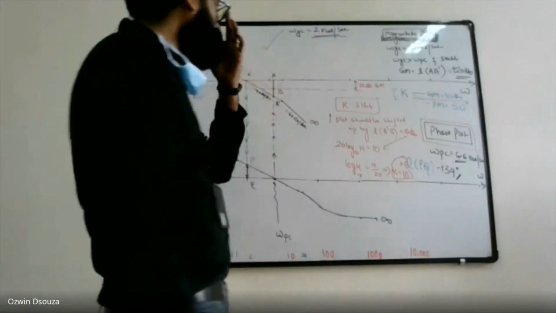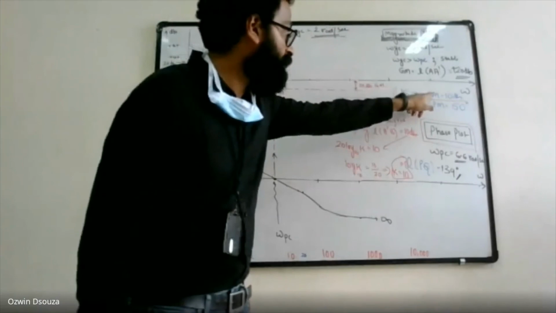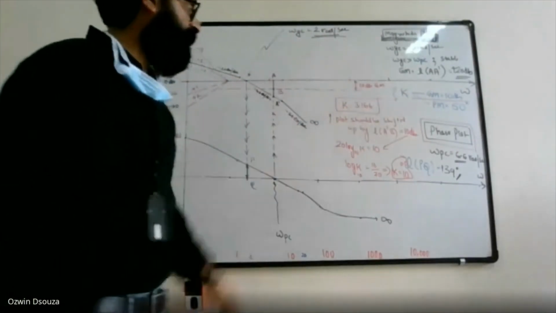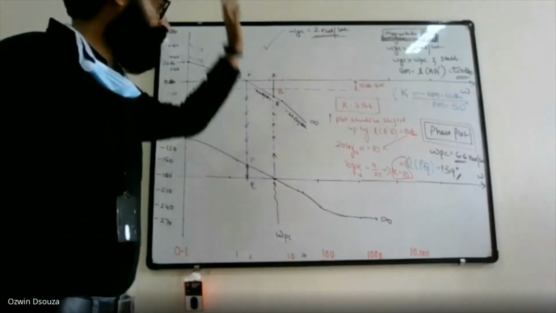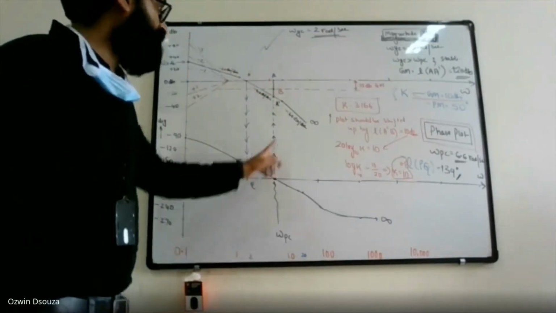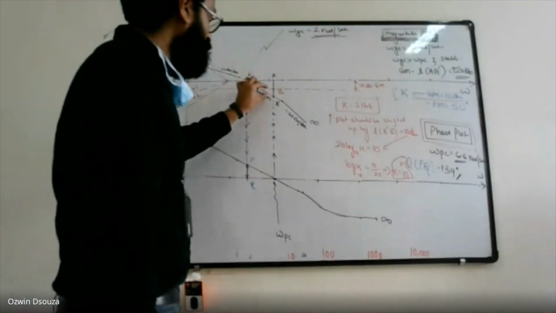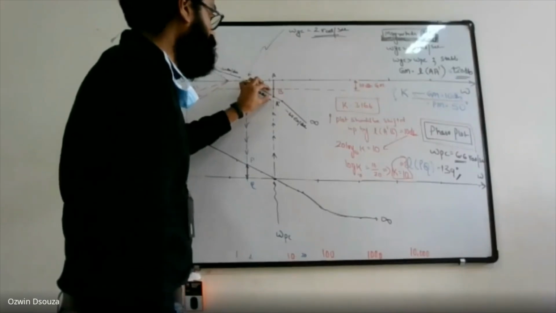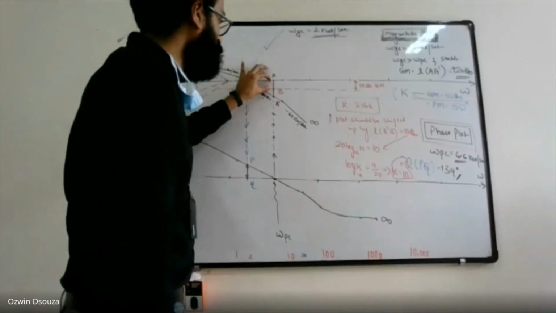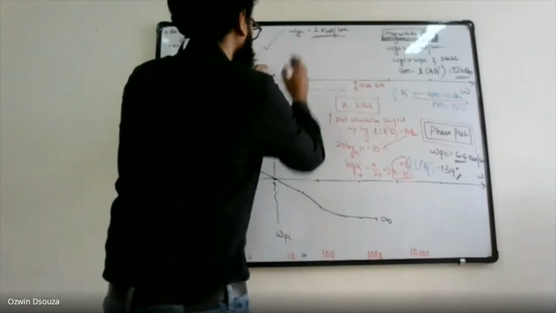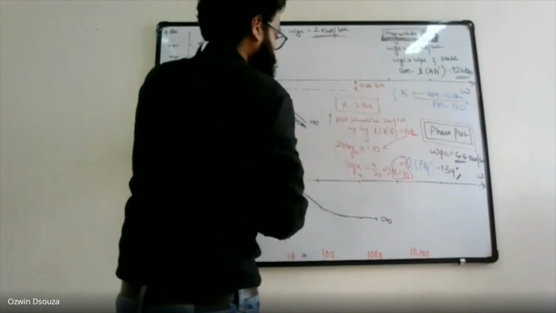Okay, so that's how you deal with part 1. For a given gain margin, draw a horizontal line, and from omega PC, draw a line vertically upwards, such that it cuts your reference line, which is the 10 dB line, and then measure the distance A dash B. In order to get a gain margin of 10 dB, you have to shift the magnitude plot by a distance of A dash B. That should be done by incorporating the K value.